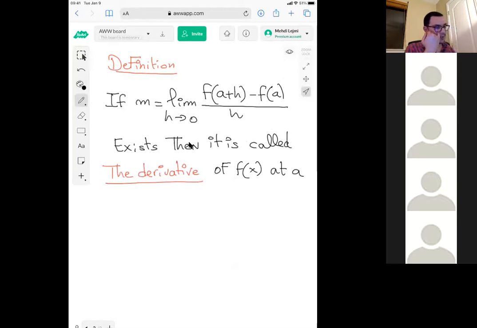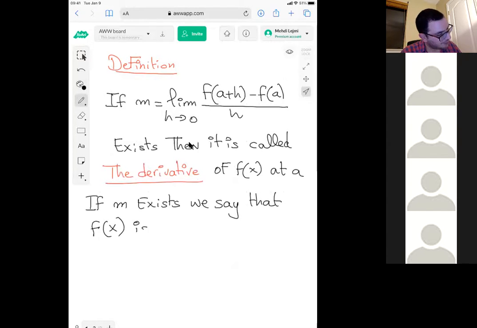And if this number exists, we say that the function f is differentiable. So if m exists, we say that f of x is differentiable at x equal to a.